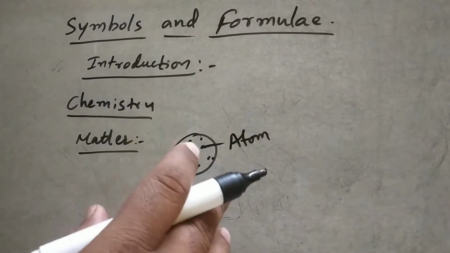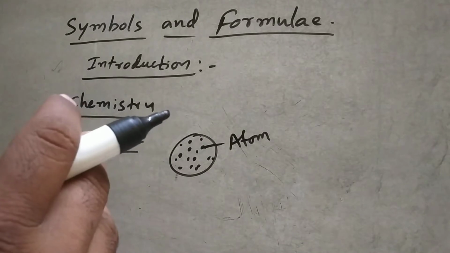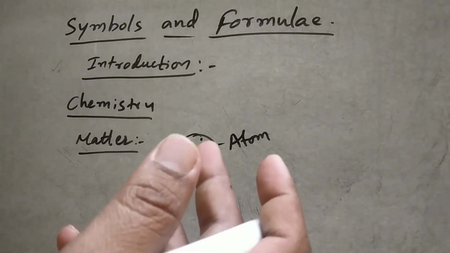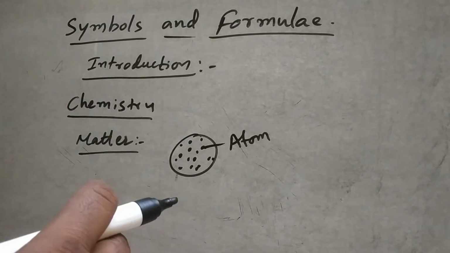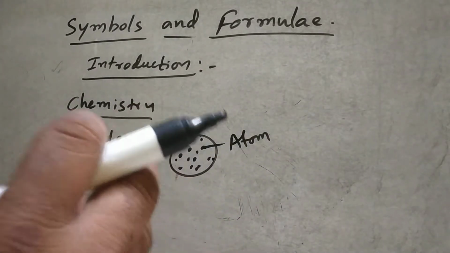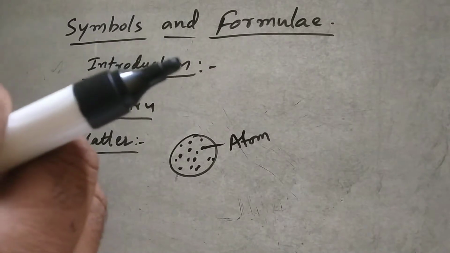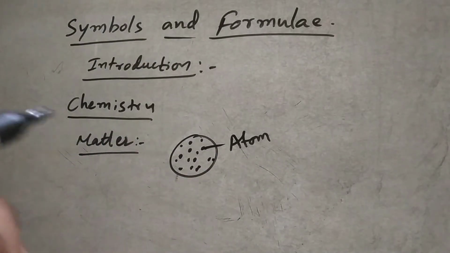Those small particles are known as atoms. Sometimes we call them molecules or ions, because at the time this terminology was not introduced and there was no clarity.